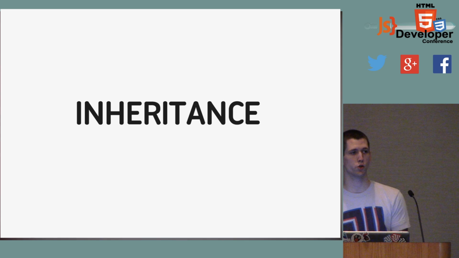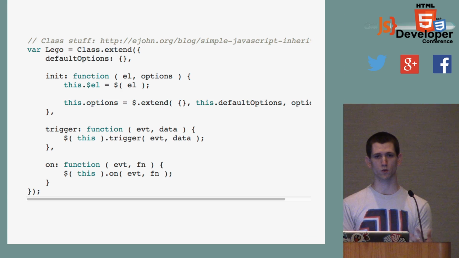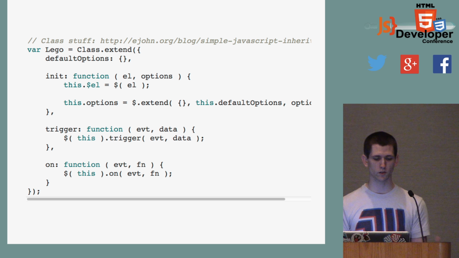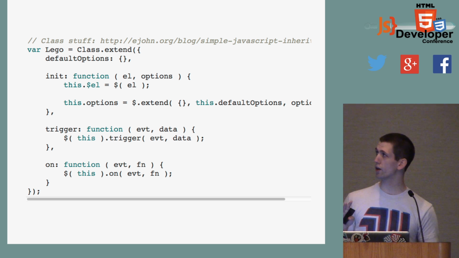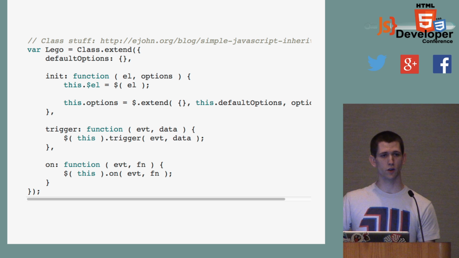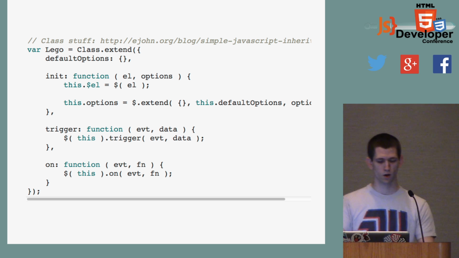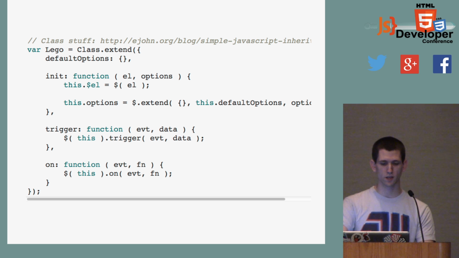The first thing I have to show you is the base class that all my reusable components extend from, so that you have some context. So here is the base class. I call it Lego. It's using John Resig's style of JavaScript inheritance here. So when I say class.extend, I'm defining a class, and these are properties that go onto the prototype of the class. My default options are set to an empty object, and then init is my constructor.